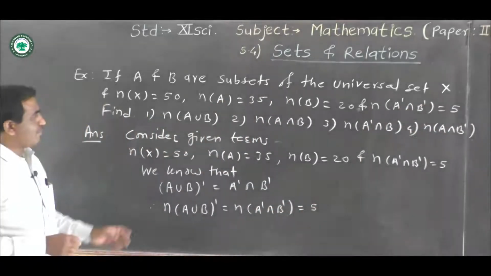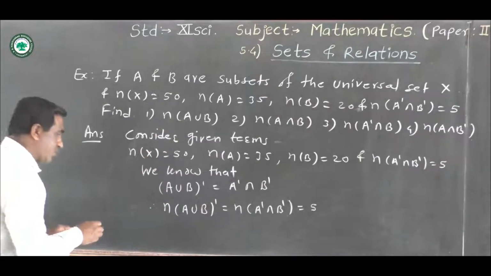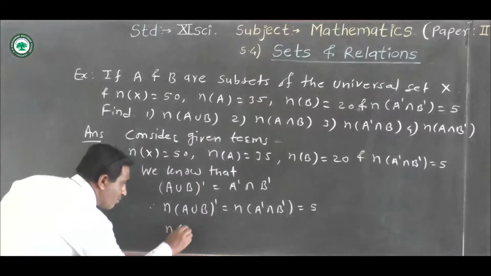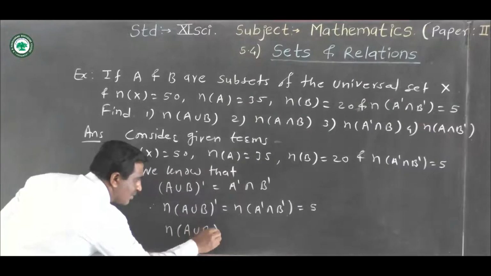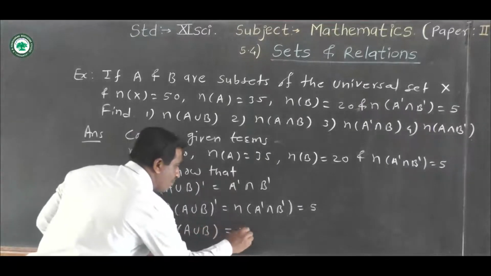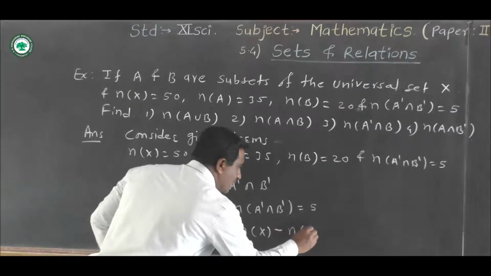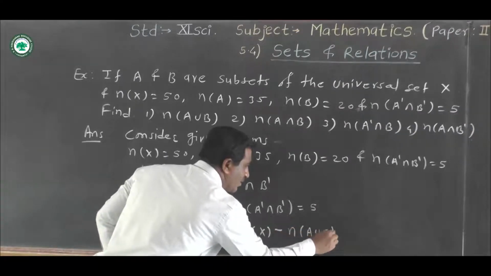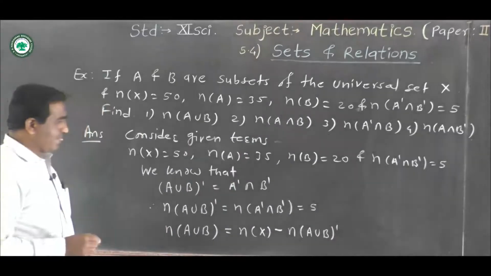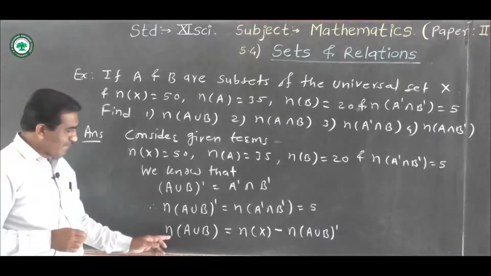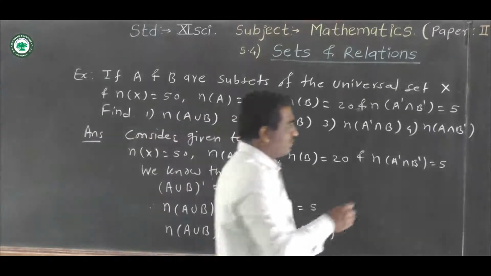Now we have to find n(A union B). Therefore again we use this formula: n(A union B) is equal to n(X) minus n((A union B) complement). Okay, using this formula we can find the value of n(A union B).